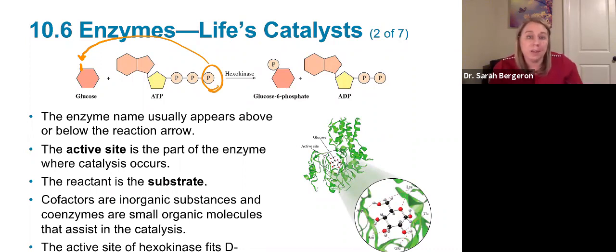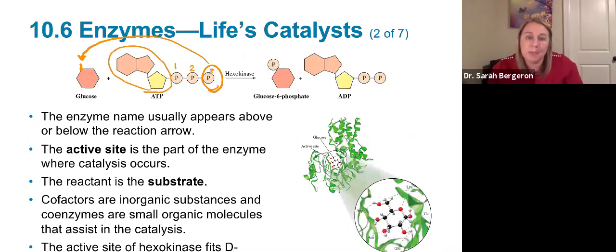So hexokinase will bind to both a glucose and an ATP molecule, and it will speed up the reaction where one of those phosphate groups is transferred from the ATP molecule to the glucose molecule. ATP stands for adenosine triphosphate because you have 1, 2, 3 phosphate groups.